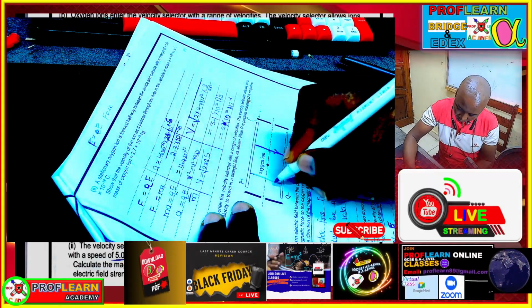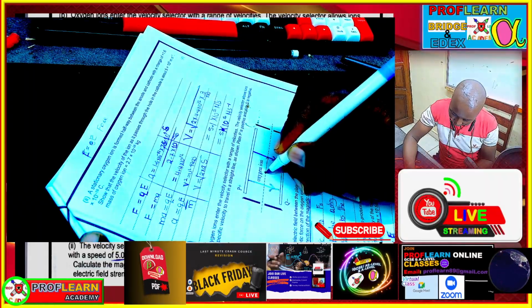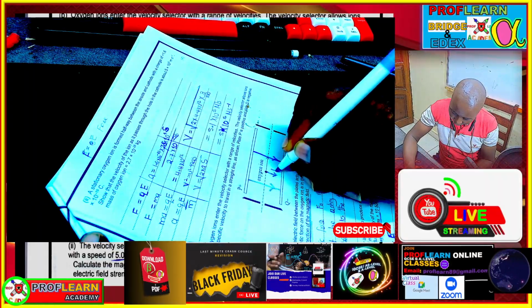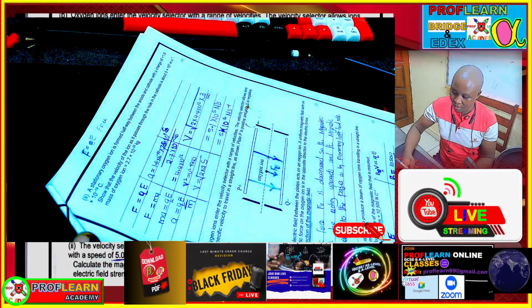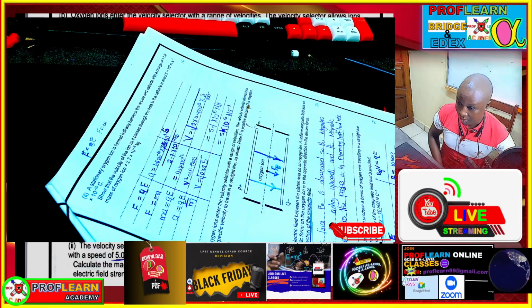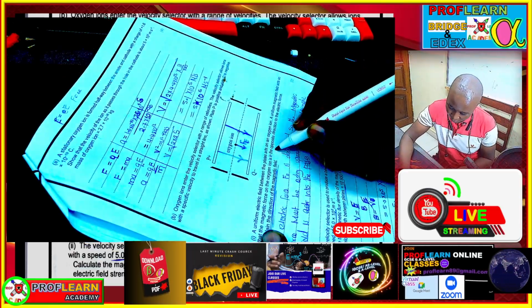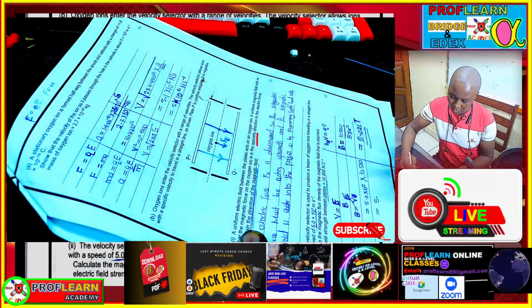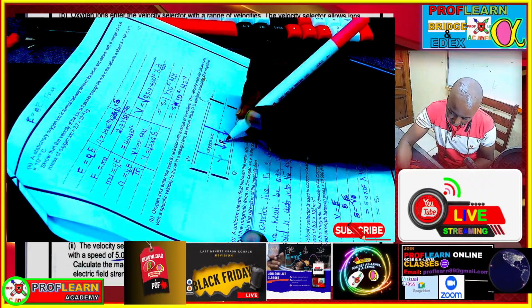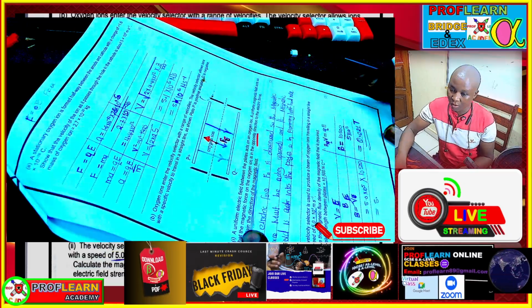Those are the electric fields. Then the electric force Fe is acting downward, which will mean that the magnetic force, we are told, acts in the opposite direction. That's what they have said here. So the opposite direction of the electric force will be upward. So that is the direction of the magnetic force.